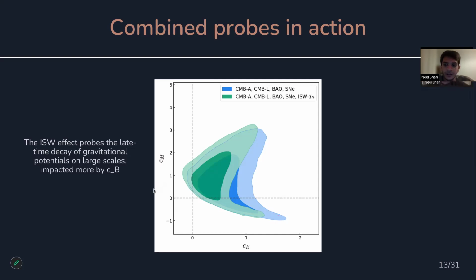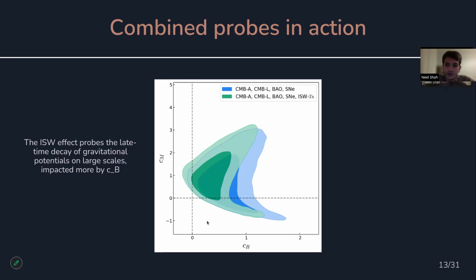And again, as a consequence of the specific parameterization we have chosen, this is something that is impacted more by CB than by CM. Now, looking at these two contours, we can tell that the RSD and ISW are very complementary probes because they are giving us constraining power in two very different directions in this parameter space of CB and CM.